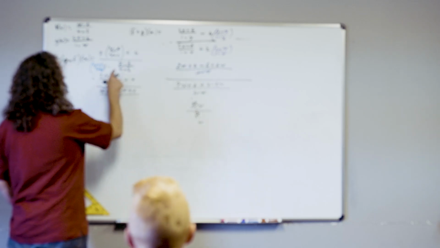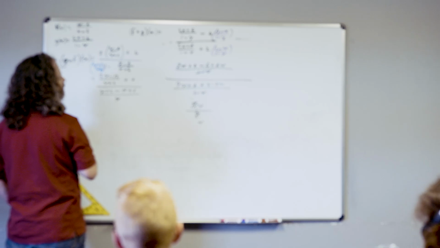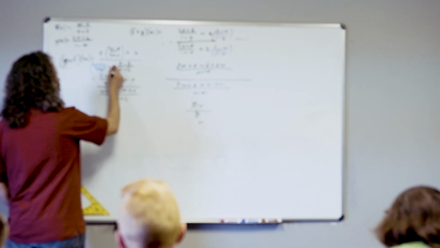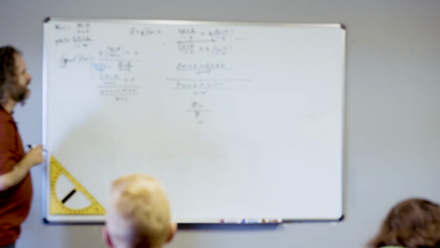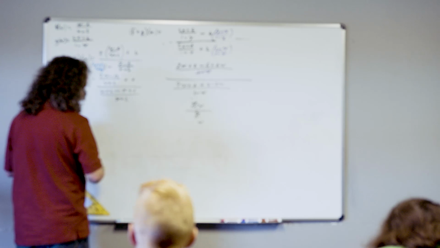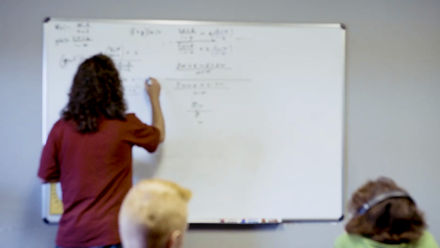What happened to get from this to this? Because it's all negative, so negative x and then plus x. Yes. And then this one needs a common denominator.